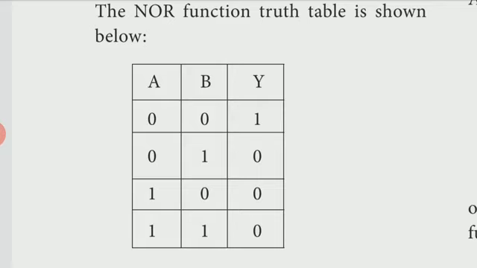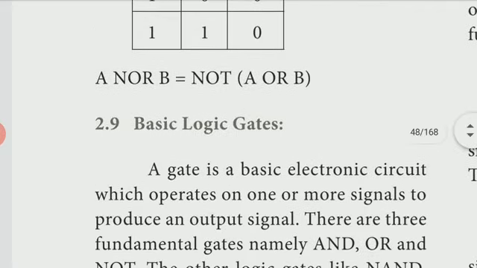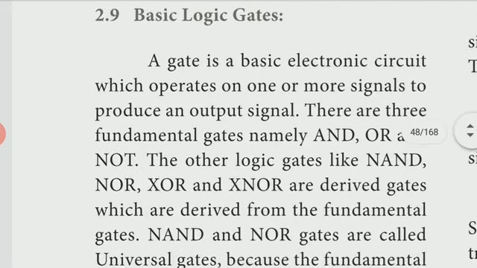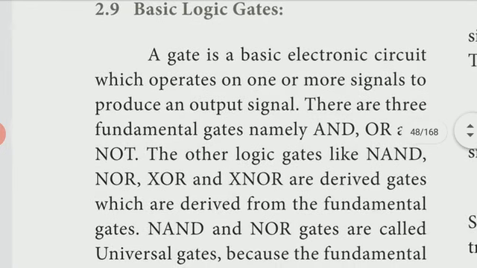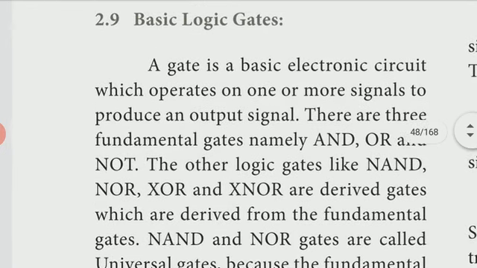The next thing we are going to see is basic logic gates. Many gates are there in that. The basic logic gates are the fundamental ones: AND, OR, NOT. So, these three are the basic logic gates.